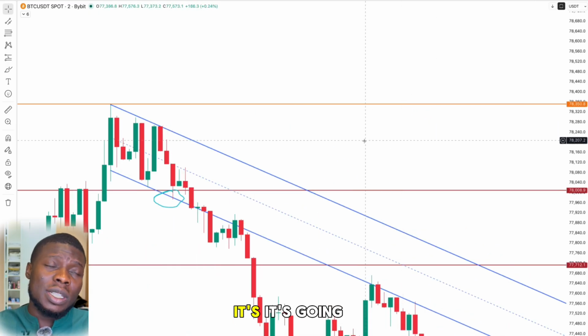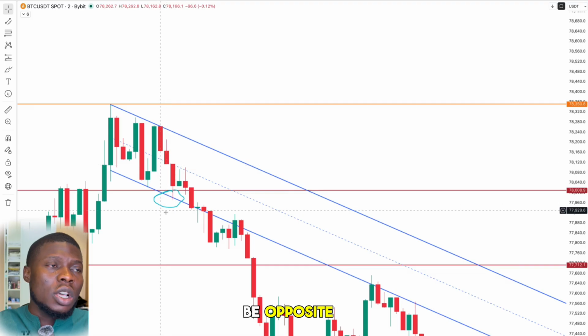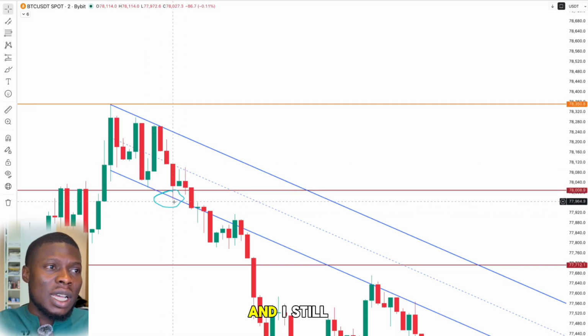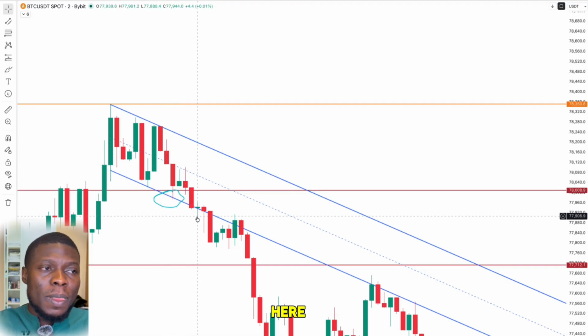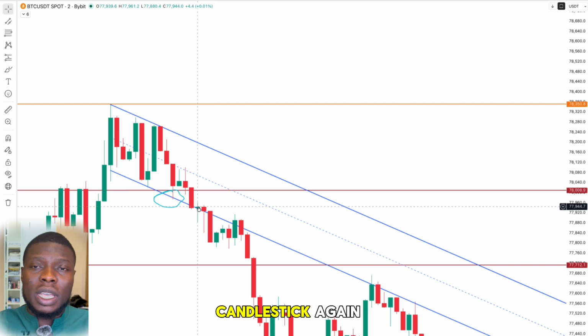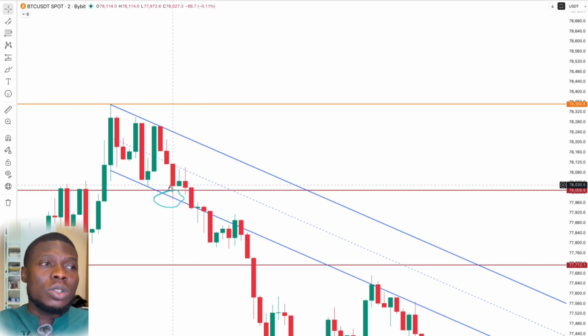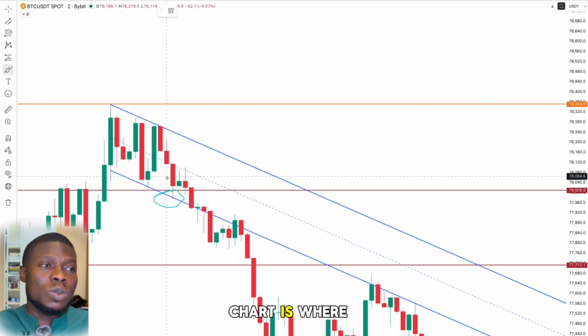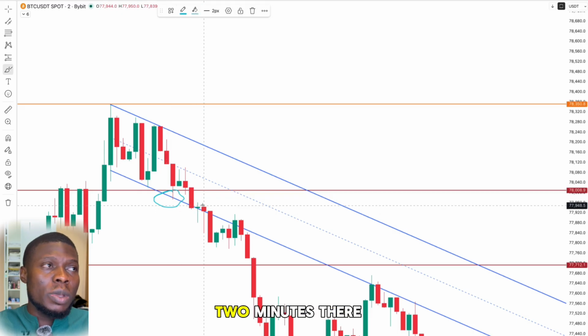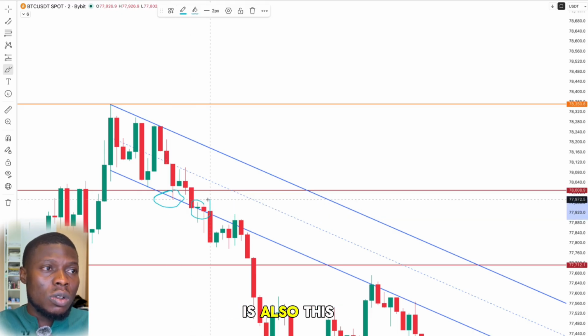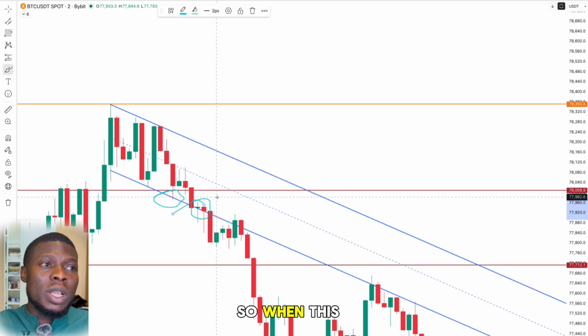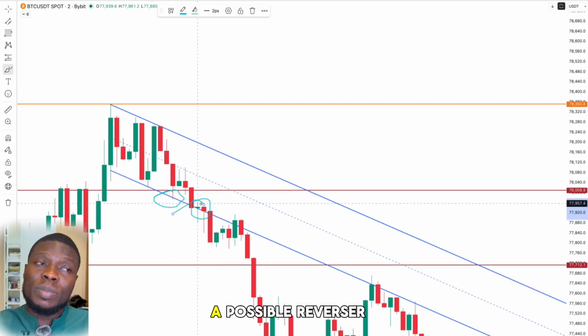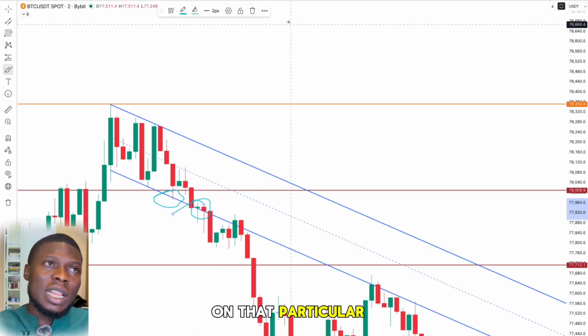If it's in an uptrend, it's going to be opposite. So this is a 2 minute chart, and I still have a breakout here, and the immediate candlestick again is a bullish candle. So the 1 minute chart is where I marked here, and in the 2 minutes, there is also this. So when this happens, you know that there is a possible reversal on that particular time frame.